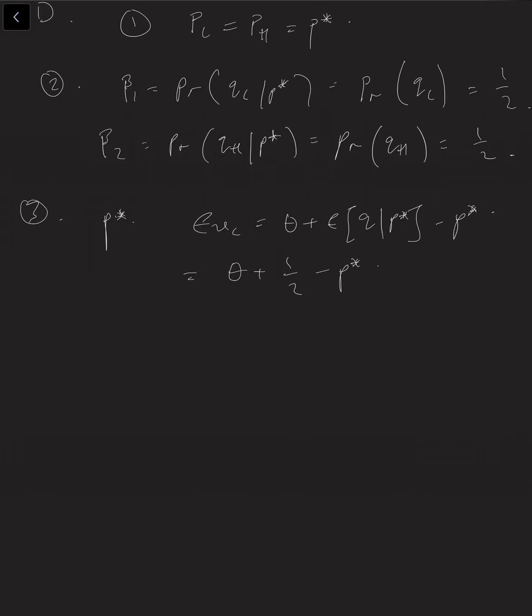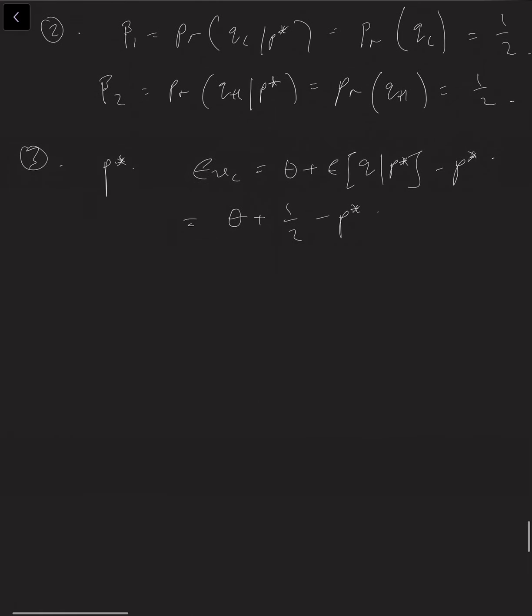So then what is the optimal strategy of this continuum of customers, that is to say which customers will rent and which customers will not rent? Well, this expression is greater than or equal to 0 for P star less than or equal to theta plus a half.